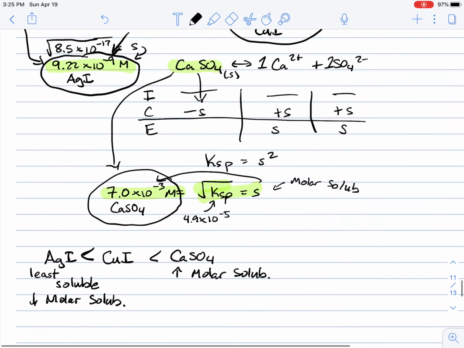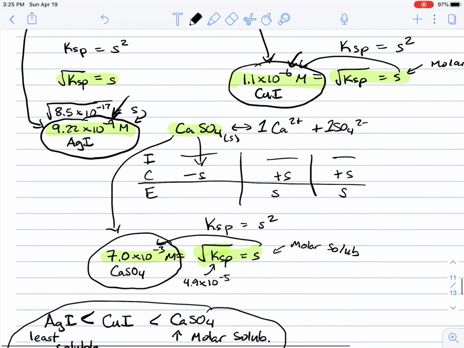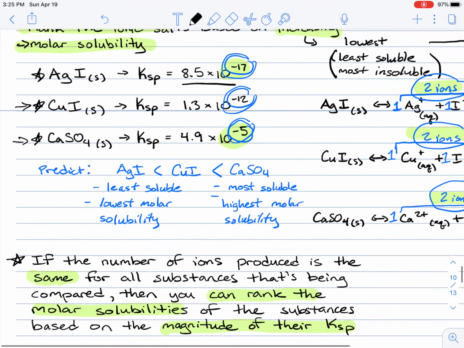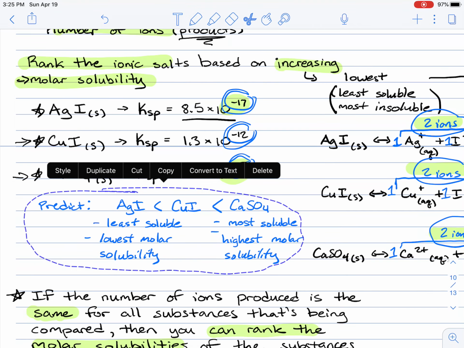Okay. Now, this ranking that I did based on the actual value for the molar solubility, if you compare that to what I predicted, it's the same. I'm just going to make sure to demonstrate this point by copying it.